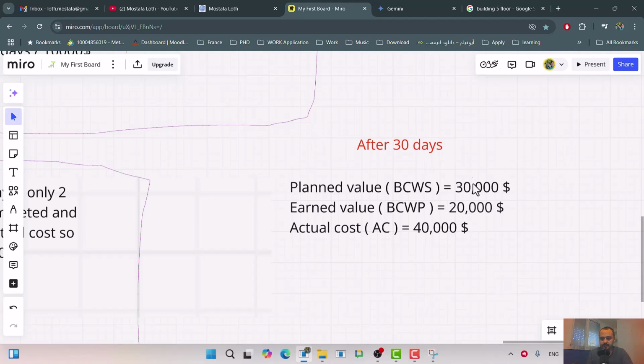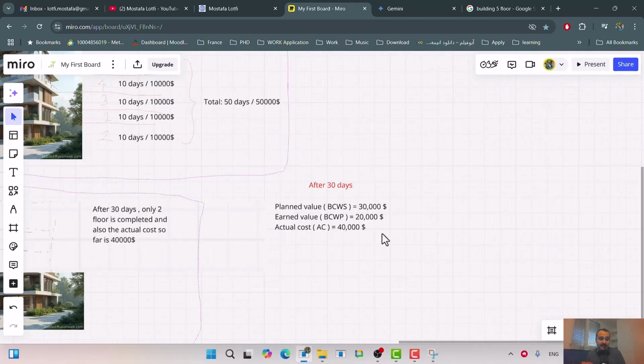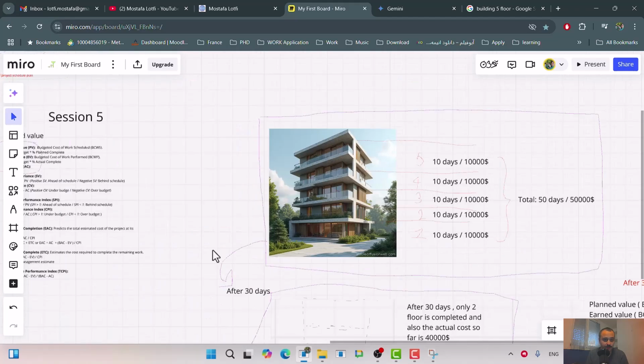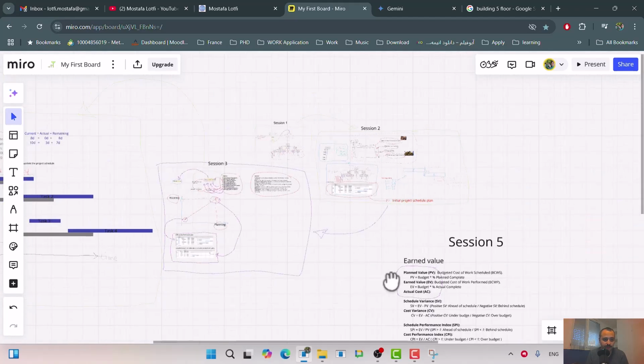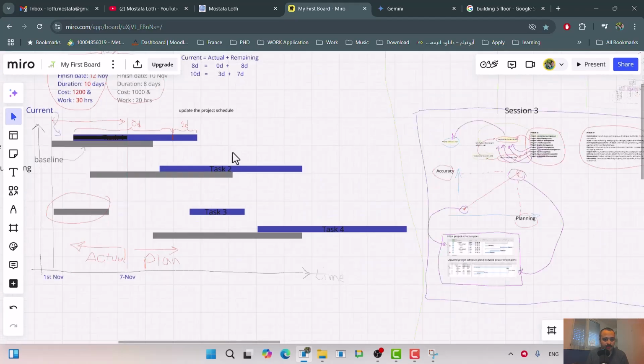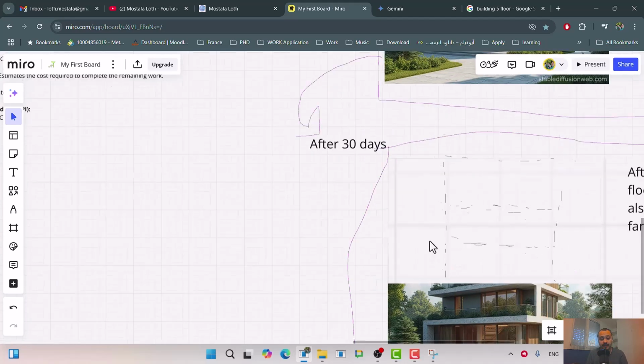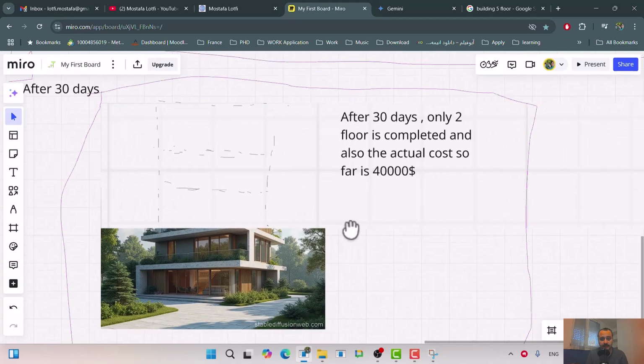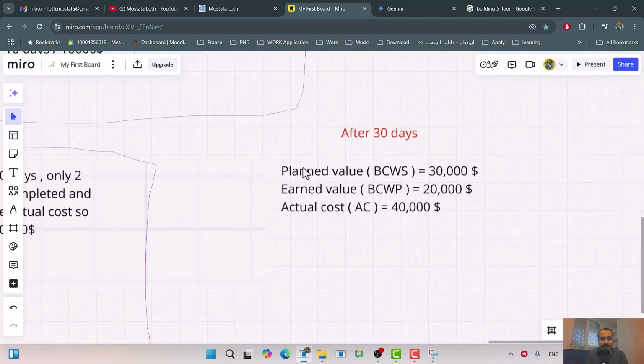Okay, so you did this calculation, and you will see now why updating your project is important. If you do not update your project properly and clearly, then you cannot calculate the earned value parameters precisely.